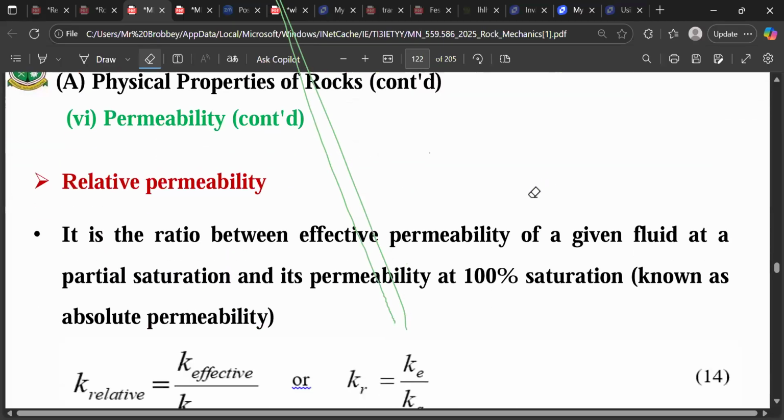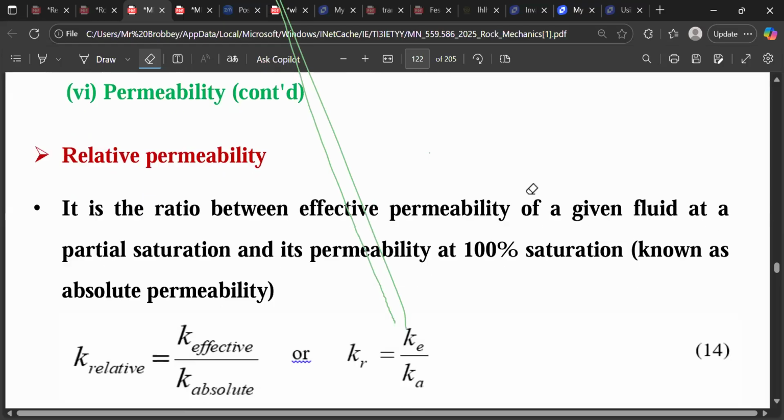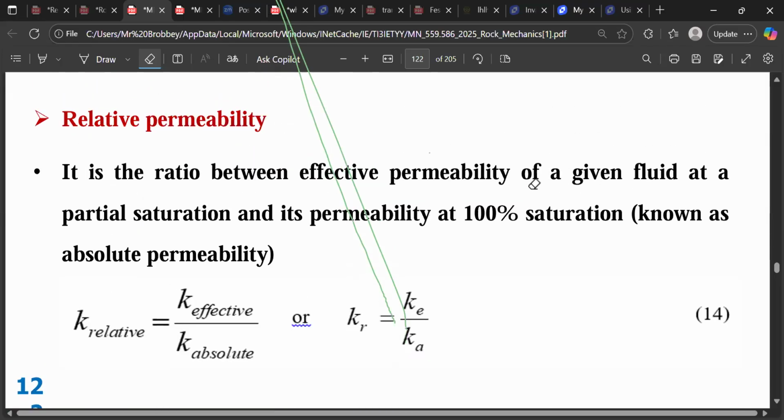It is the ratio between the effective permeability of a given fluid at a partial saturation and its permeability at 100% saturation, known as absolute permeability.